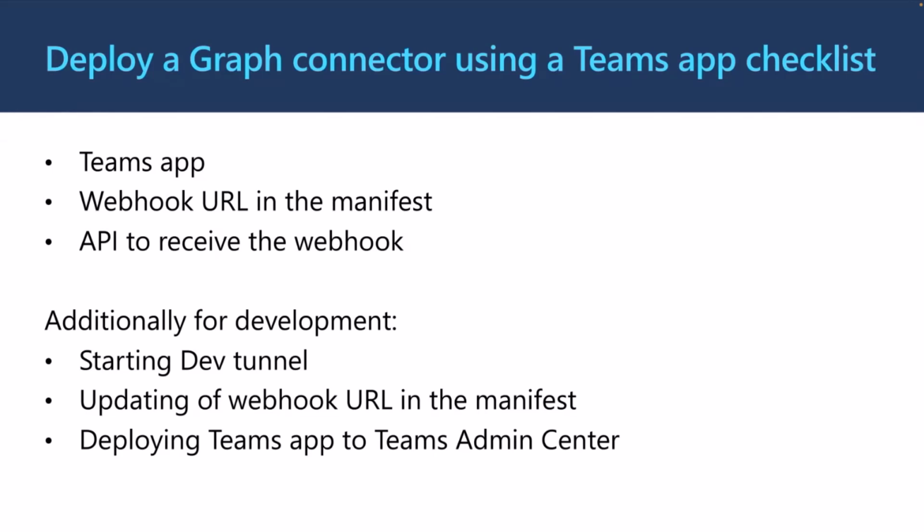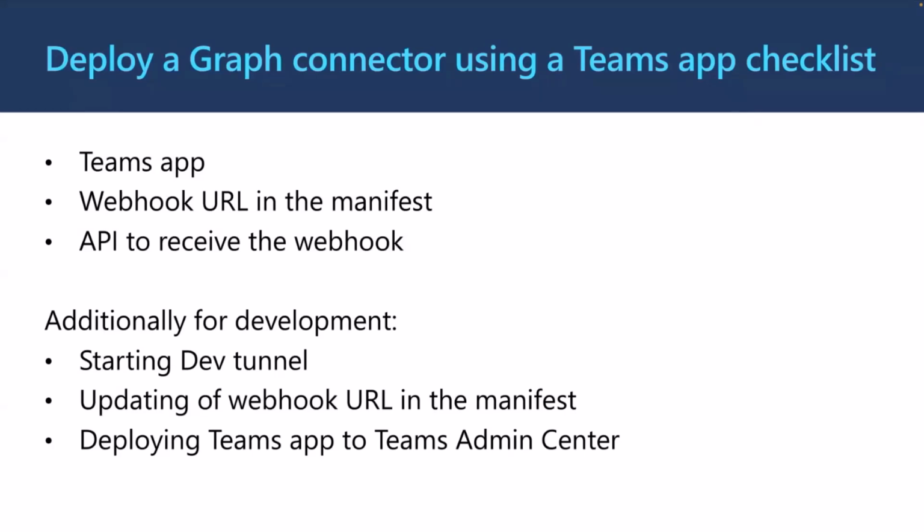We have a product for that, dev tunnels, which allow you to do that, so you need to start that. Every single time you start a tunnel, it will get a new URL. That URL needs to go into the Teams app manifest, which then needs to go into the package, which you need to redeploy to the Teams Admin Center.